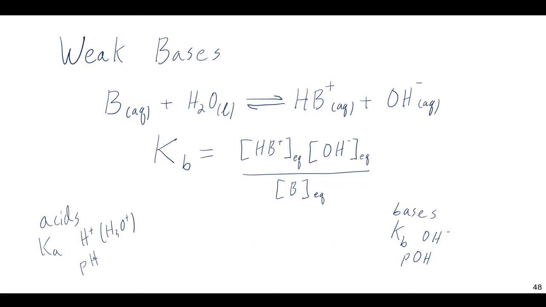Although you might be asked to calculate one versus the other, and that's okay because we know pH and pOH are related. They add up to 14. We said for acids, the larger the Ka value, the stronger the acid. So the same is said here: the larger the Kb, the stronger the base. Okay, so this summarizes a nice introduction to weak bases.